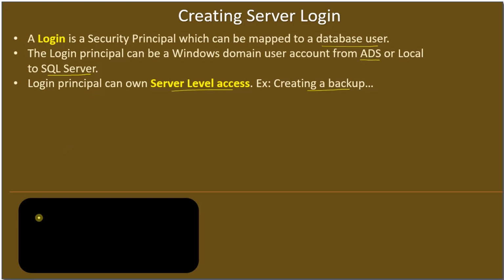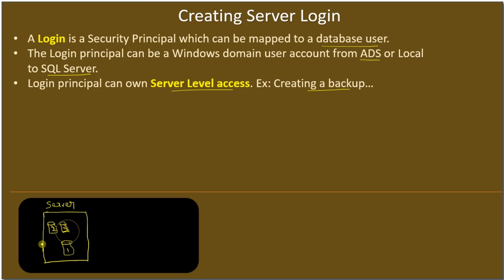So if we take a server, a server can have multiple databases, right? Let's say DB1, DB2, DB3. You can see this as pubs, Northwind, or your company DB, say for example, bank account DB.